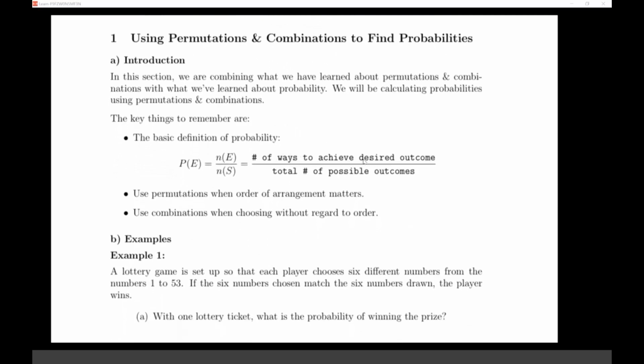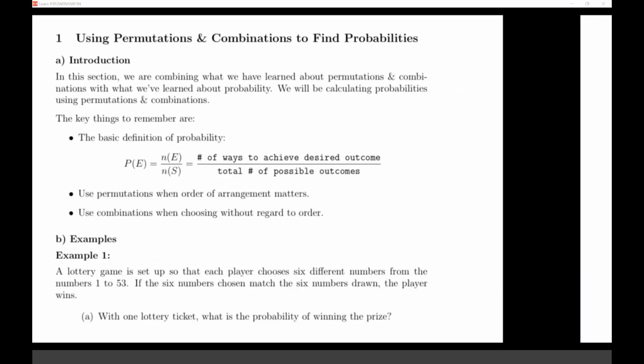It's the total number of ways that you can achieve your desired outcome, or the number of ways event E can happen, divided by the total number of possible outcomes, or the number of outcomes in your sample space. Those are 2 ways we've referred to them. The numerator needs to always be equal or less than the denominator. You're never going to have a probability fraction greater than 1.